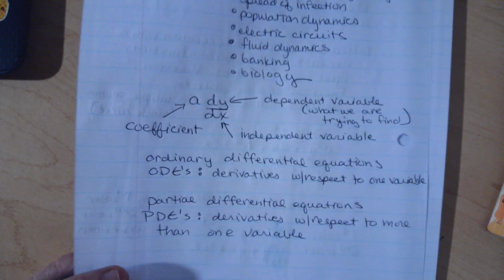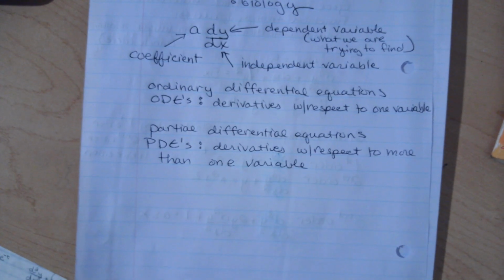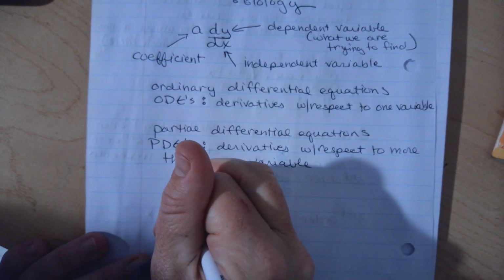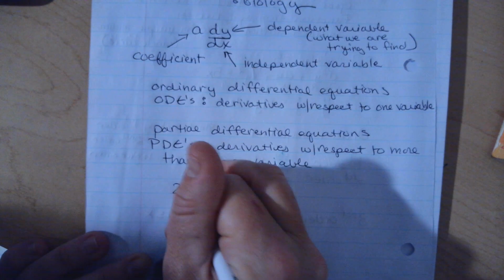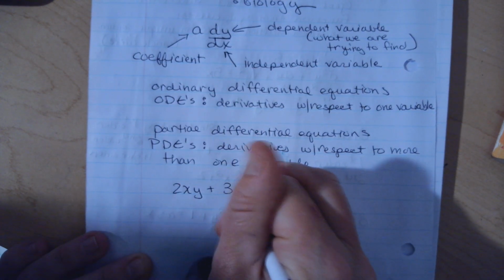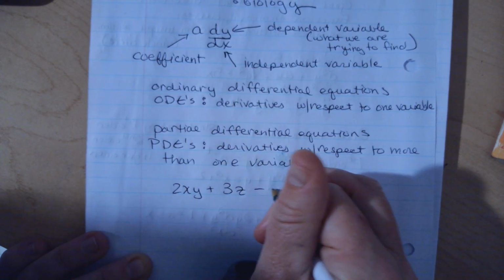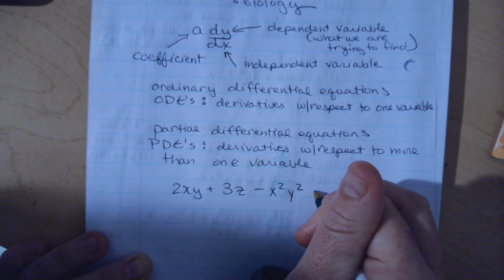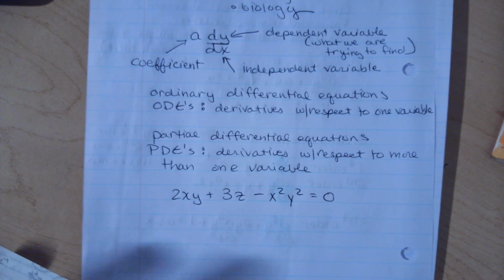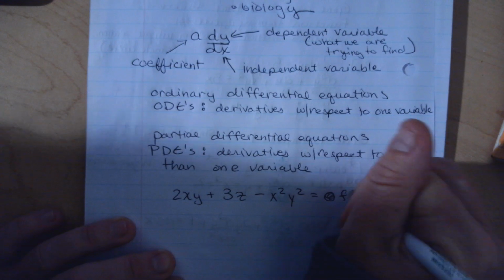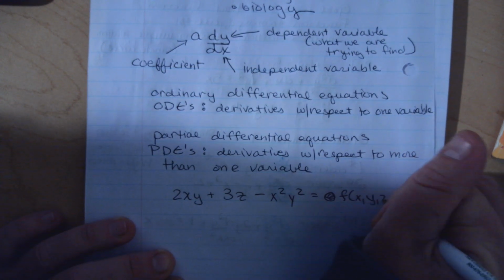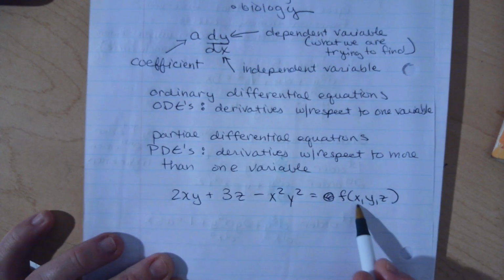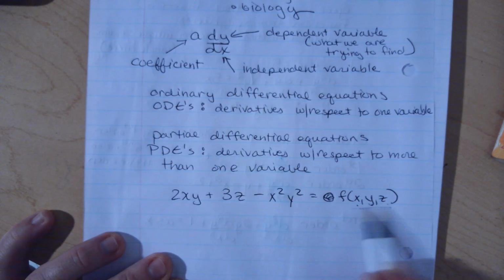But you only take one derivative at a time still, right? So let's just create an equation. 2xy plus 3z minus x squared y squared equals 0. I just made something up, right? Actually, let me define this as f of x, y, and z, because it has 3 variables.